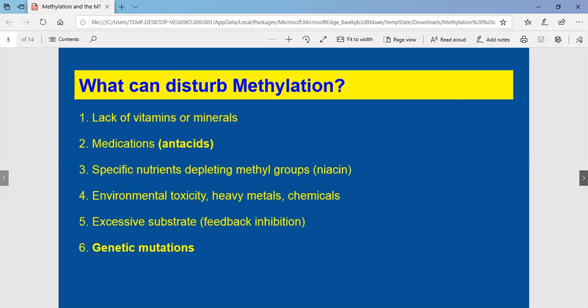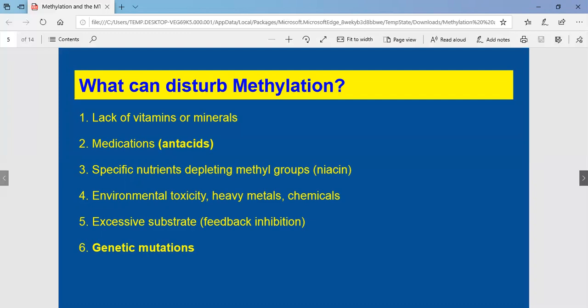But even if you don't have a genetic mutation, can your methylation be bad? Yes, you can still have slow methylation because your methylation can be disturbed by lack of nutrients. In order to have methylation, you need to have enough leafy greens in your diet. If you lack certain vitamins and minerals, your methylation will be slower and you can have a bunch of problems.